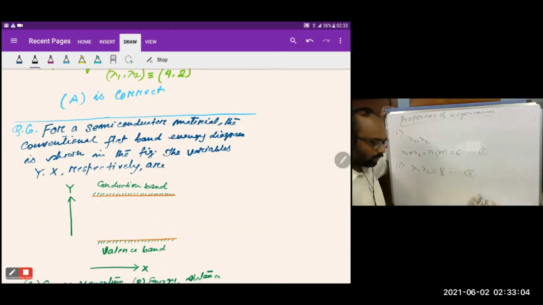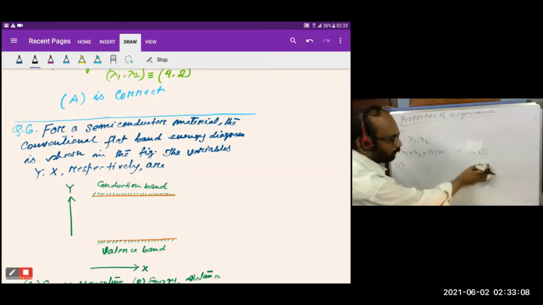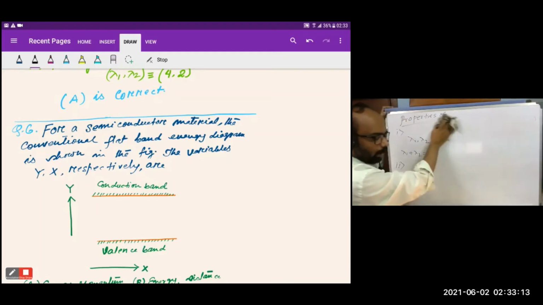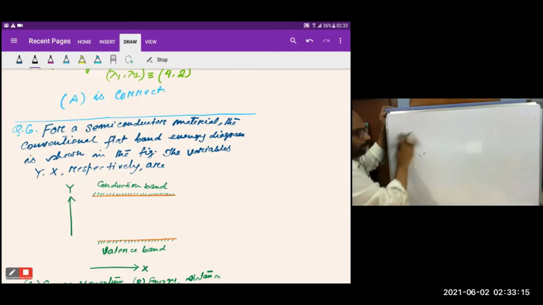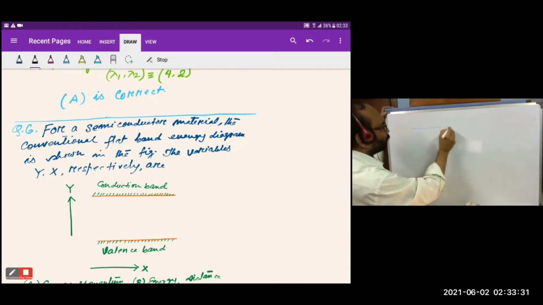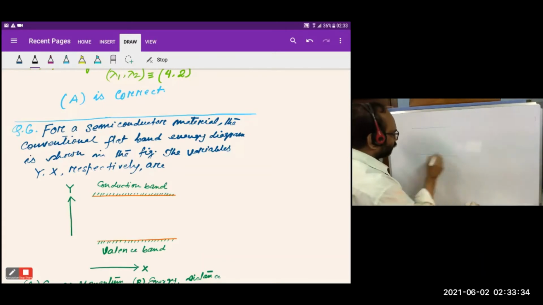Next question. Question number 6. For a semiconductor material, the conventional flat band energy diagram is shown in the figure. The variables y, x respectively are... conventional flat band.